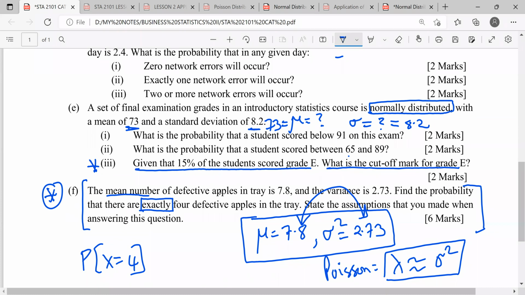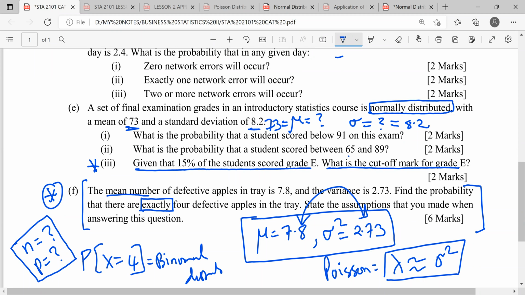So here we shall use binomial formula, binomial distribution, to get this. So for you to answer this question using the binomial distribution, you need two things, n, and you need p. So that is the task that you have. Find n and p in this scenario, assuming that it's a binomial scenario.